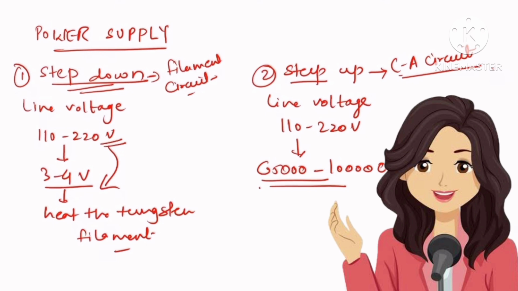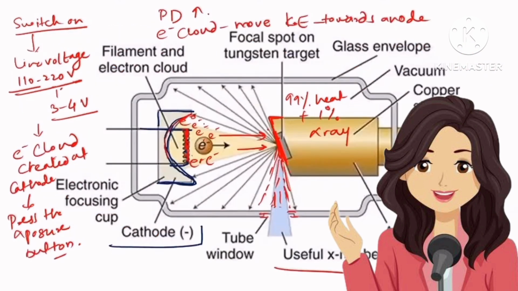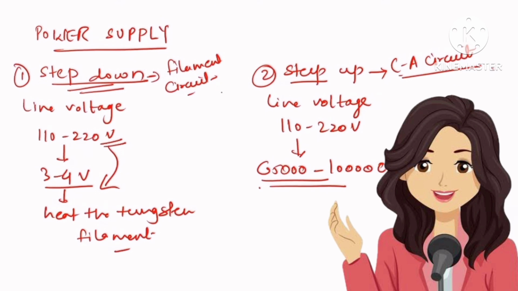Now you need the step up transformer. You have the electron cloud created over the cathode. Now you need to send that electron cloud towards the anode with high speed so that X-ray photons are created. To reach this much energy, the line voltage of 110 to 220 is not enough. We need to increase that voltage.